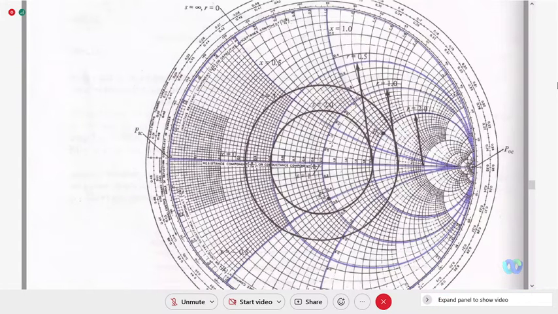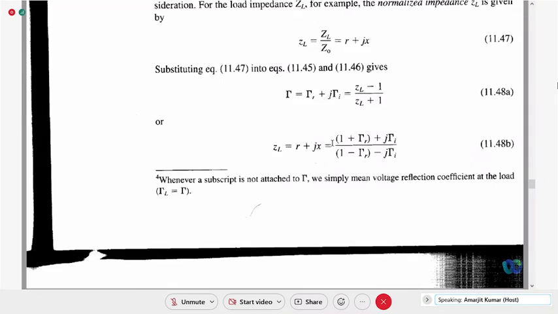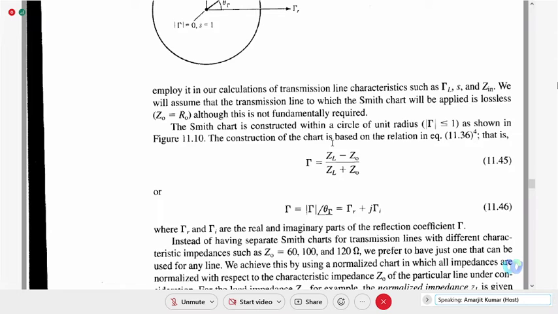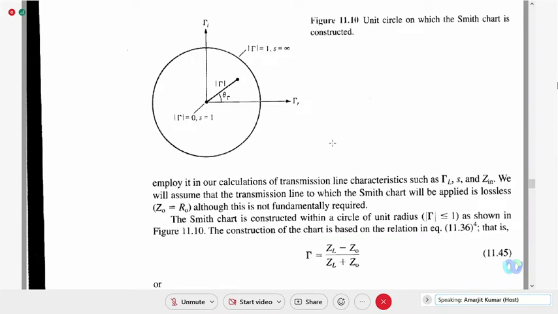To understand that, you start from the reflection coefficient, gamma is equal to Z minus Z naught divided by Z plus Z naught. So the load reflection coefficient, gamma L, will be equal to ZL minus Z naught divided by ZL plus Z naught.